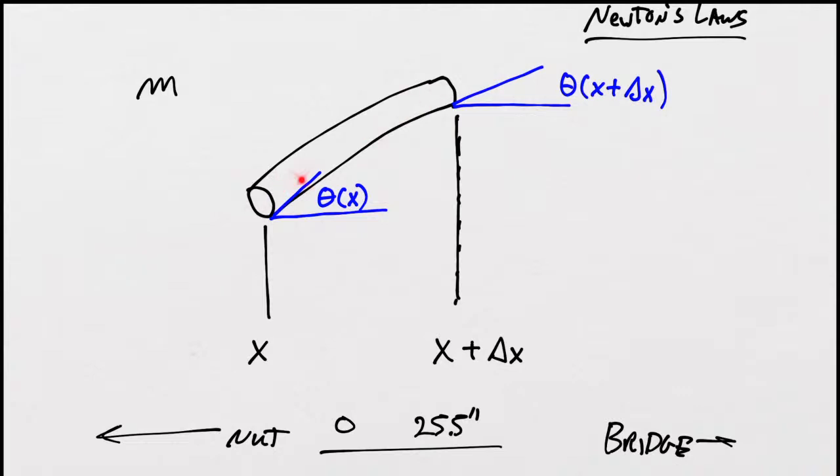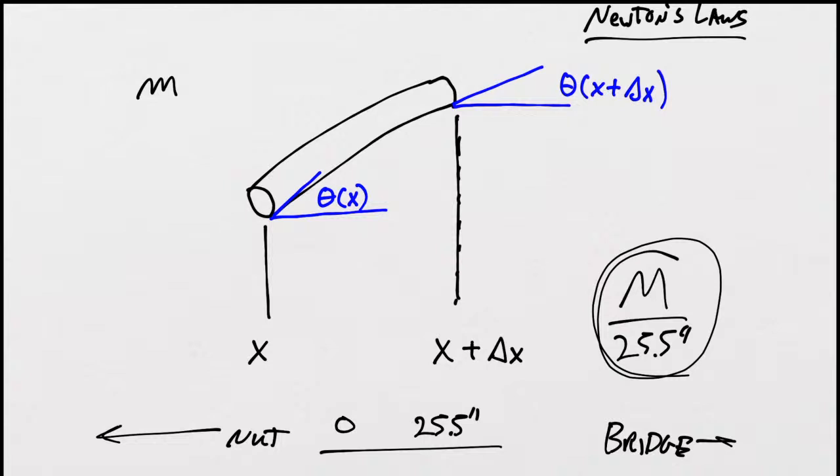The overall weight of the entire string from 0 to 25.5 is some total mass M, and the length of the string is 25.5 inches. So the mass per unit length is this ratio.